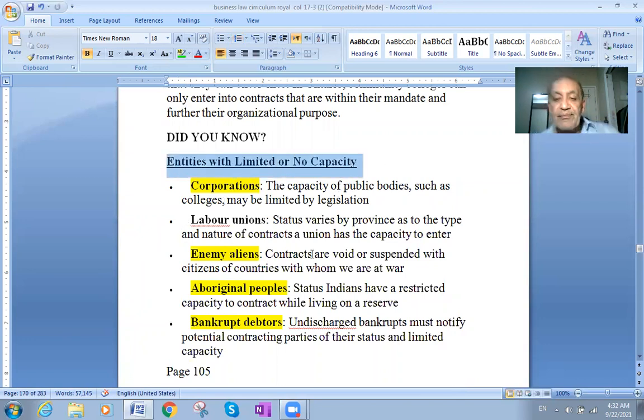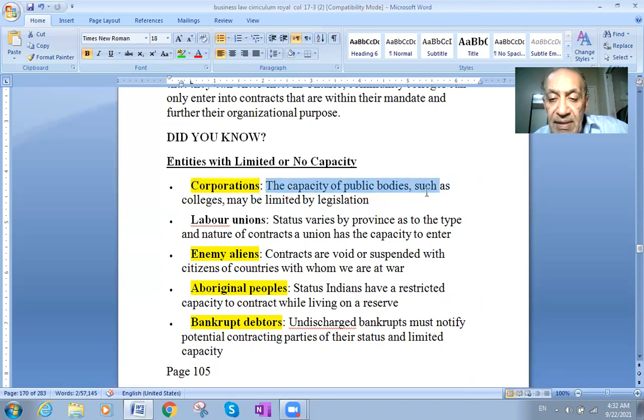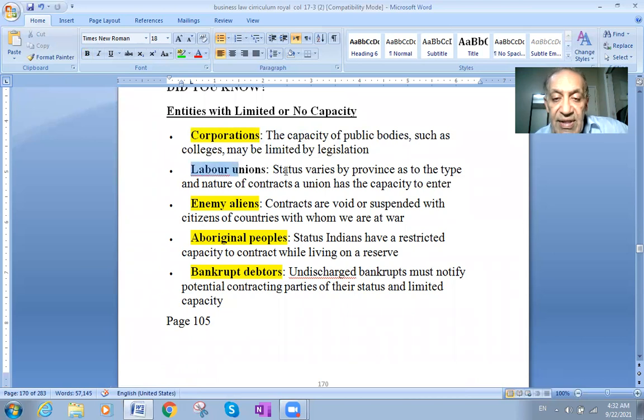We also have, I just want you to know, some kinds of companies or businesses that do not have full capacity, as an example, entities with limited or no capacity. Corporations: the capacity of public bodies, such as a college, may be limited by legislation. Labor unions: status varies by province as to the type and nature of the contracts of a union. Enemy aliens: contracts are void or suspended with citizens of countries with whom we are at war.